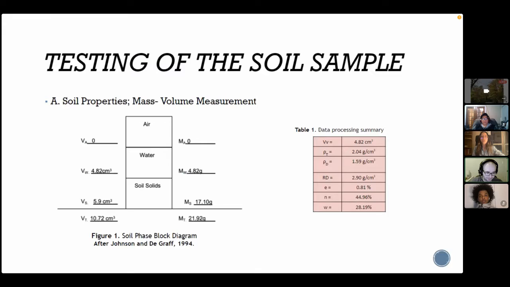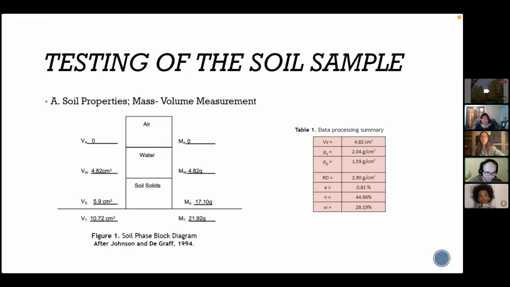Our density was 2.04, the relative density was 2.19, and the dry density was 1.59. The void ratio, porosity, and water content were also determined.